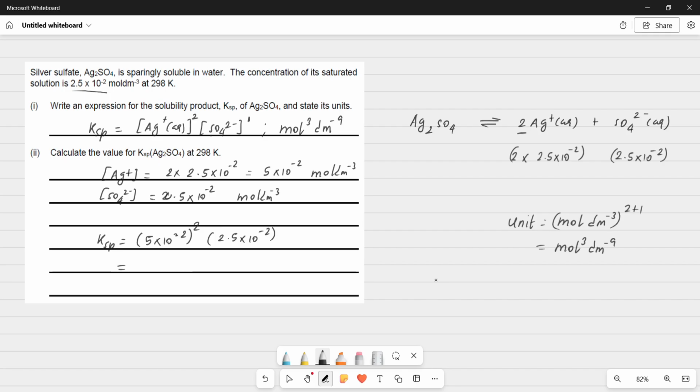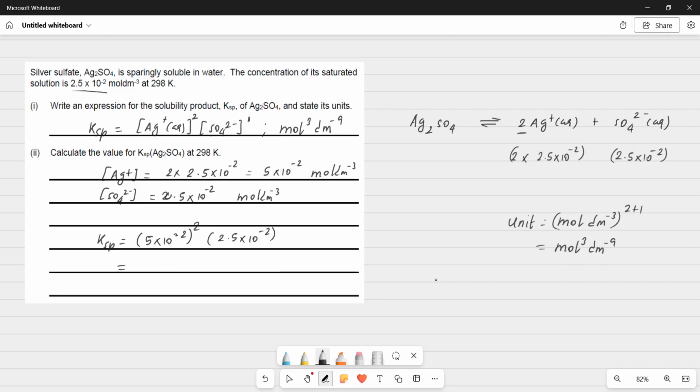So I have 5 exponential negative 2 to the power 2 multiplied by 2.5 exponential negative 2.